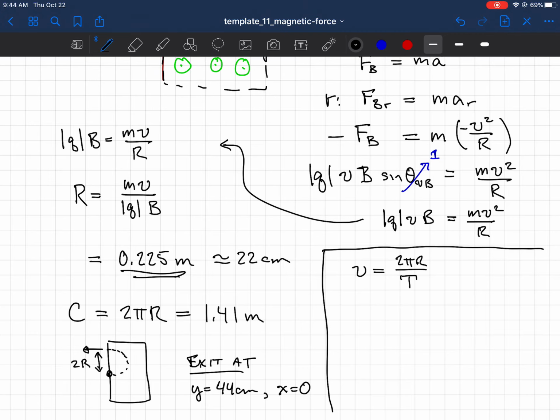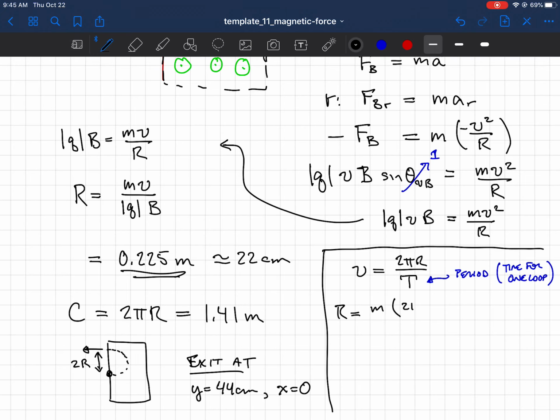So if it were to go around a whole loop, we could call that the period, the time for one loop. So I can eliminate v in terms of the period, and I can figure out the amount of time it takes to go around once. So let's do that.